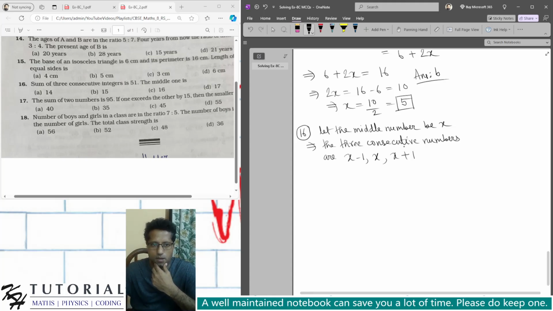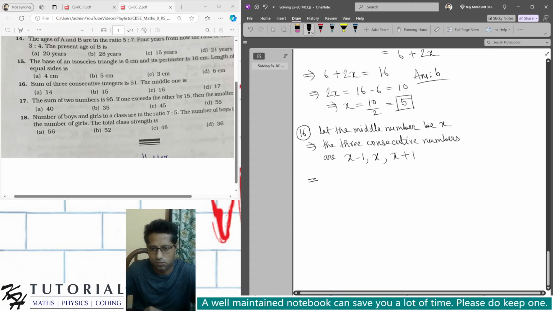It is also given that their sum is 51. So x minus 1 plus x plus x plus 1 is equal to 51. This implies 3x is equal to 51.